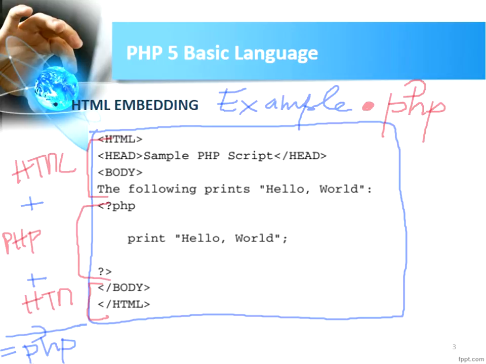So what is the difference between HTML code and PHP code? To write PHP code, we have to prepare a special begin and end of the PHP code. How can we say that this is the beginning of my PHP code?